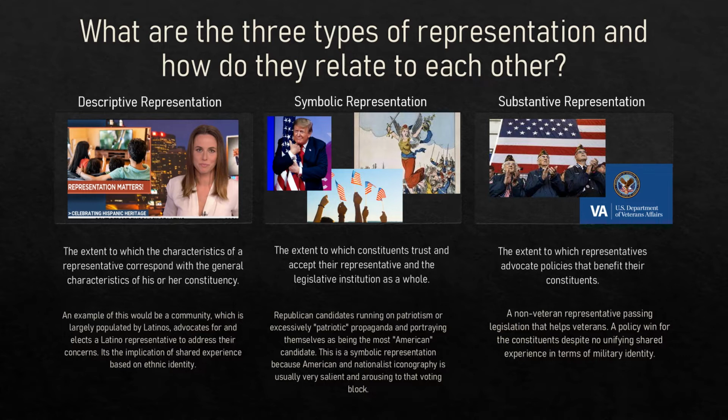In the case of Katie Porter, it would possibly be marital identity or spousal parental identity. There's a lot of identities that you can use in descriptive representation. Usually, ethnicity is the more prevalent one.